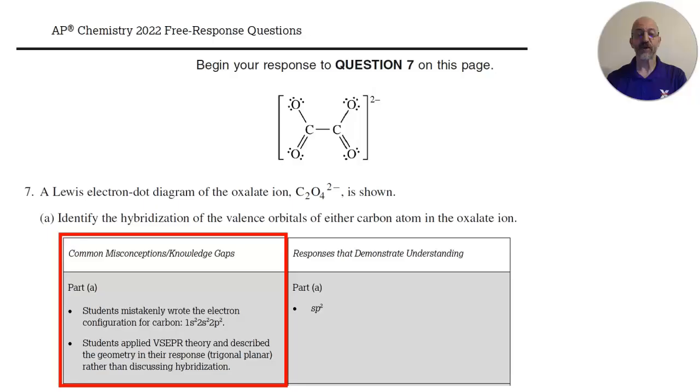And in the chief reader report, they said students mistakenly wrote the electron configuration for carbon. Instead of sp2, they wrote 1s2, 2s2, 2p2, or they wrote trigonal planar instead of discussing the hybridization. So again, watch out for that mistake.